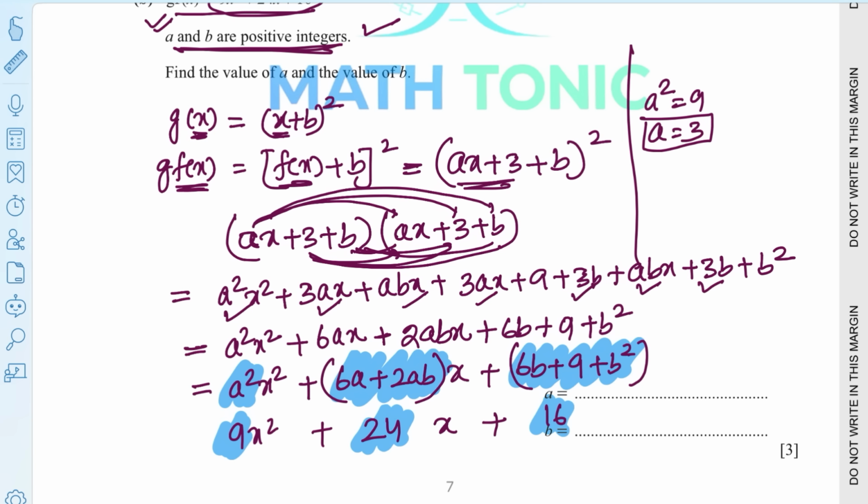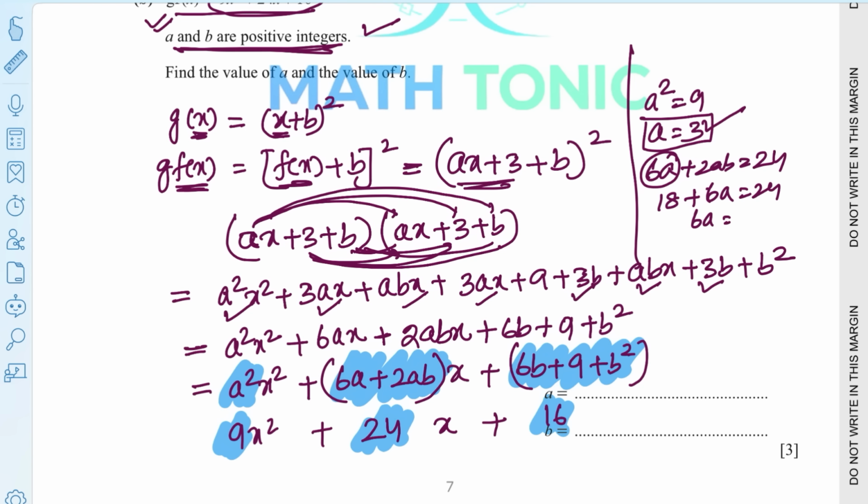but we are taking only the positive value. Now, 6a plus 2ab equals, we have 24. So a is 3, so 6 times 3 equals 18, plus 2 times 3 is 6b, that equals 24.